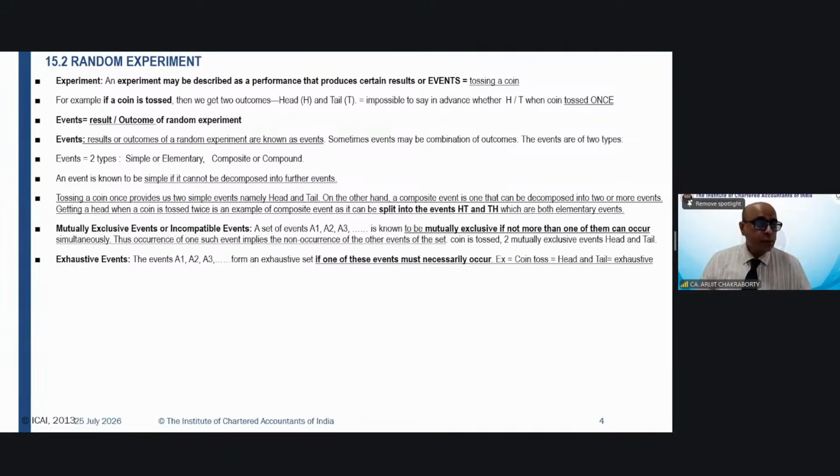Now we move to the next term. You can see on the slide, this is exhaustive events. So exhaustive events means that if a coin is tossed, for example, or if a dice is rolled, one of these events must necessarily occur. So when you toss a coin, you either get a head or a tail. That means out of head or tail, one of them will obviously occur.